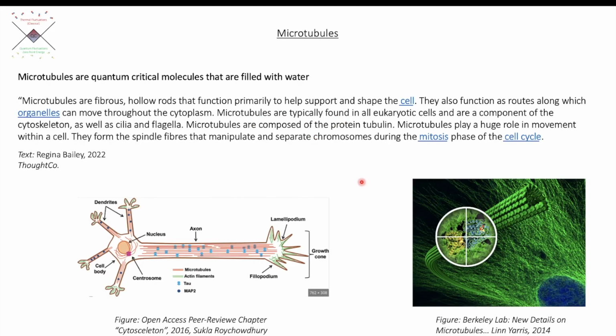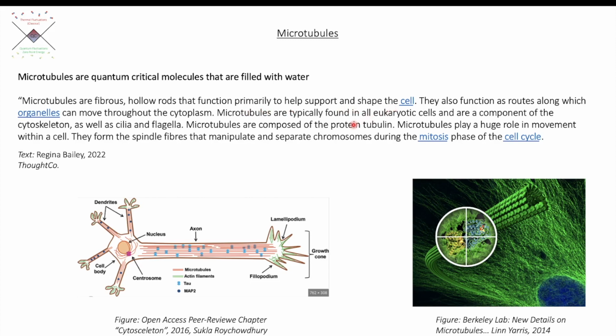Okay, I want to speak about microtubules. Microtubules are a sort of small nano tube network that is in our cells. And here I will read out what I have here. Microtubules are fibrous hollow rods that function primarily to help support and shape the cell.